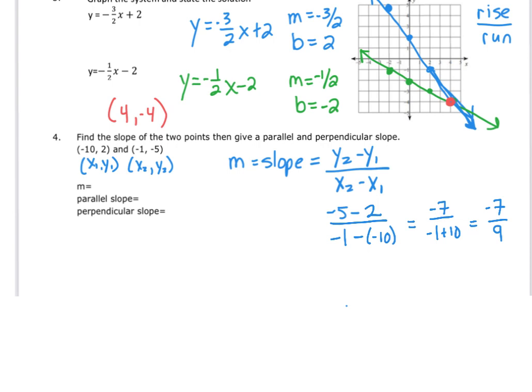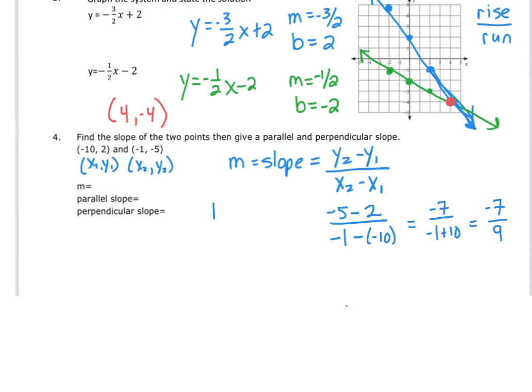So my slope, let me box that in. My slope is, sorry guys, having trouble with this pen. Sorry about that, be patient with me.